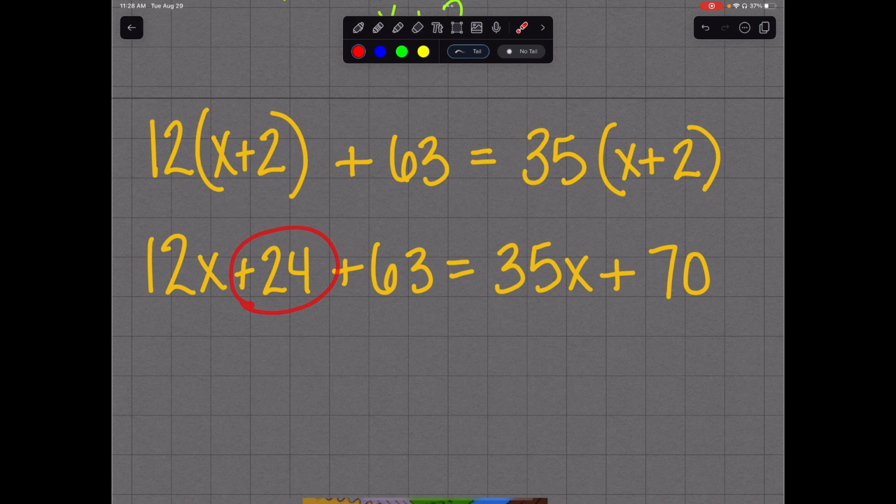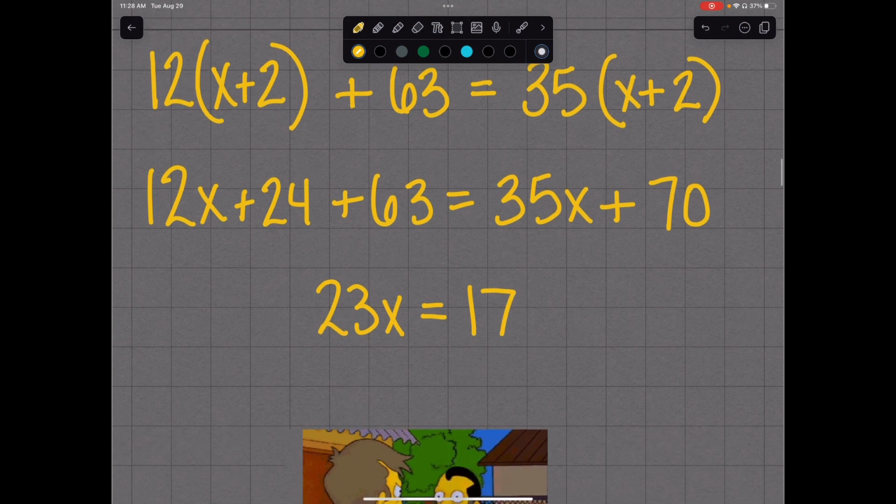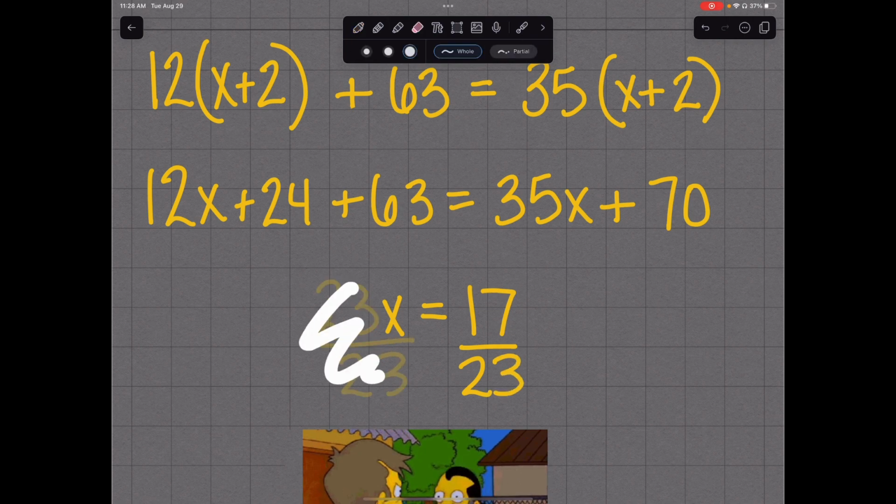We're going to add the 24 and the 63 on this side, and then we're going to simplify all of this. I won't go through it because I know you know how to do that. You get this. Divide both sides by 23. And x is equal to 17 over 23. And that's your final answer.